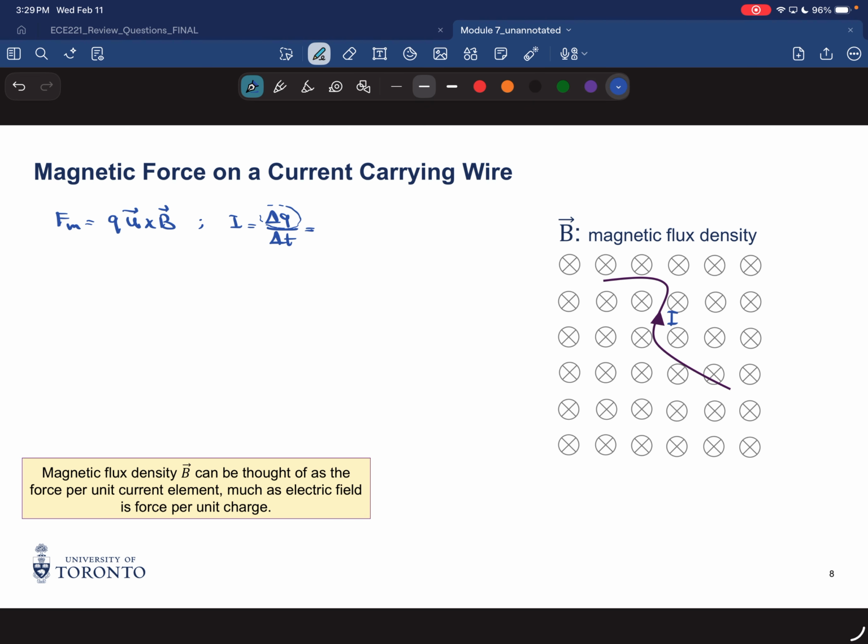So delta Q is going to be I delta T, right? What else can I say here? And u is dl over dt, right?